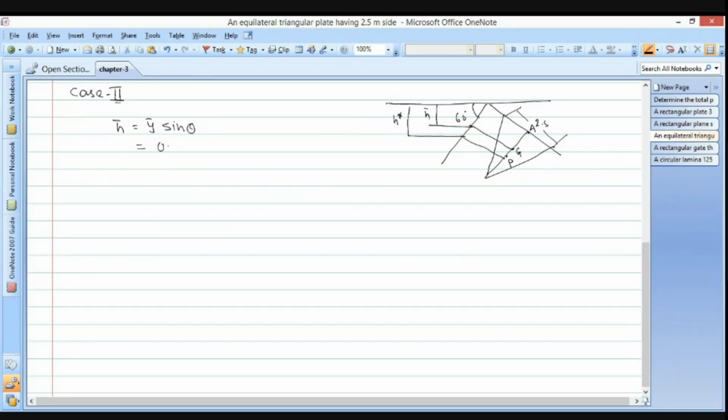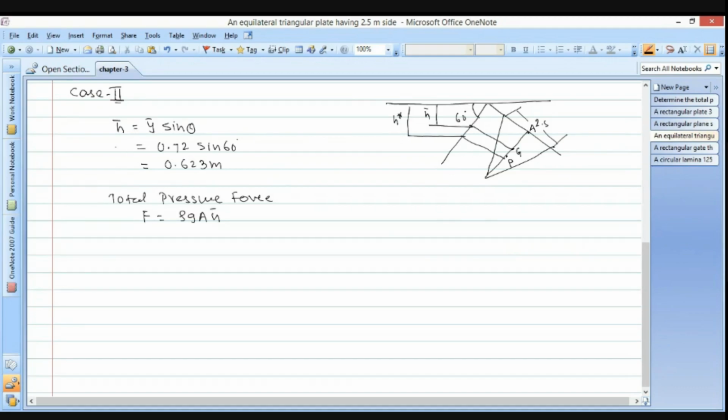So this distance y cut is 0.72 and this angle is 60 degree. So sine 60 is that, and we get this h cut, which equals 0.623 meter. So the total pressure force for case number 2, that F, equals rho g A h cut.